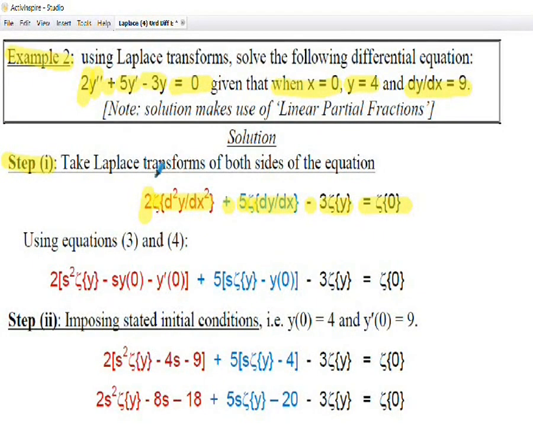Using equations 3 and 4 from our previous work, I will now put the second order derivative into the expression, so 2 outside. This is the second order derivative here.